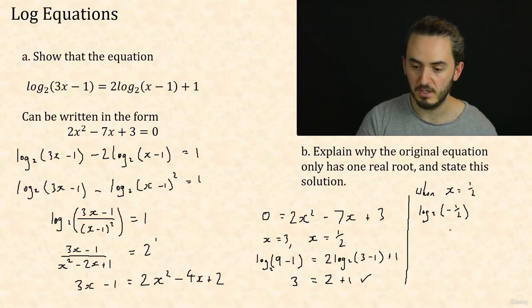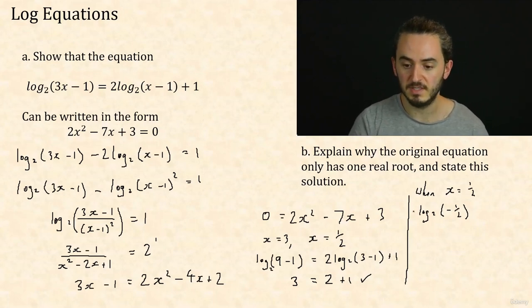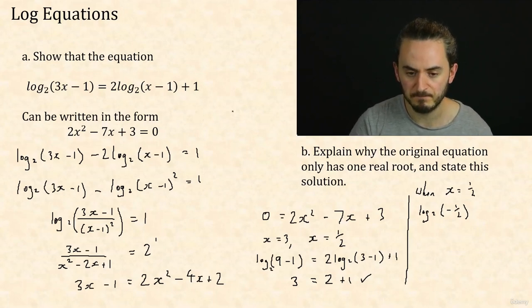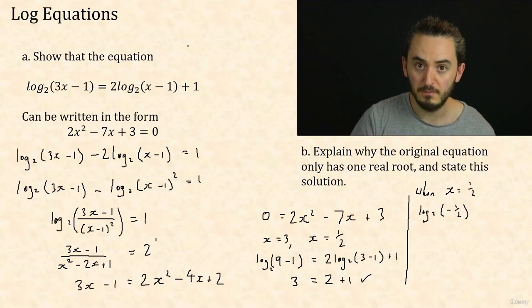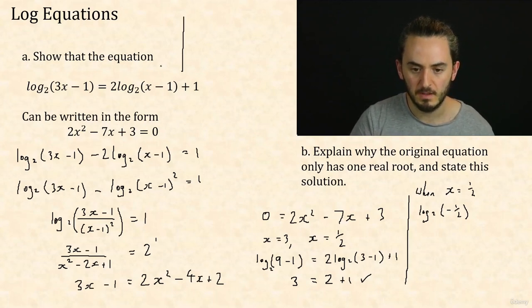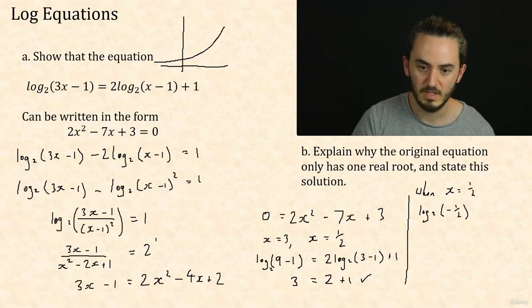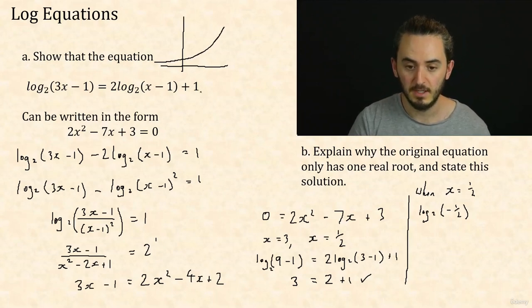Now think about what that's asking. That's saying 2 to the power of what is minus a half. Think about the graph of 2 to the power x. The graph of 2 to the power of x looks like this. It's never negative. 2 to the power of x is never minus a half. So there is no answer to the question log base 2 of minus a half.